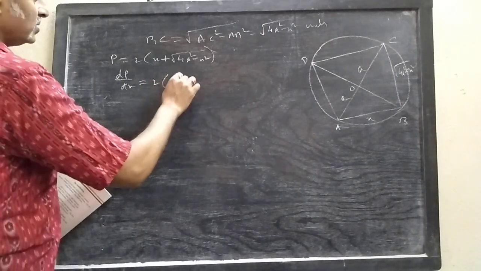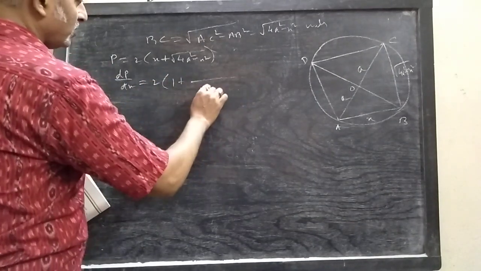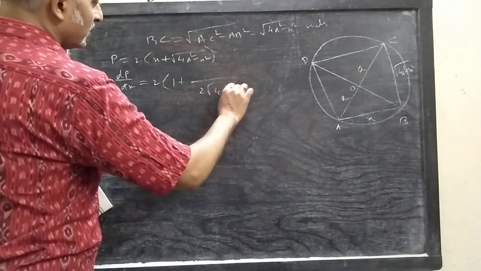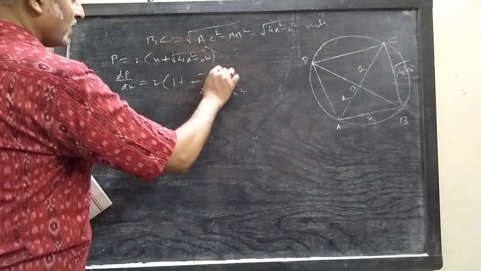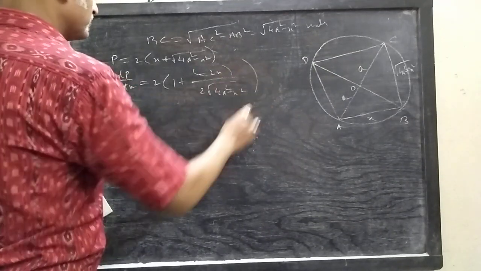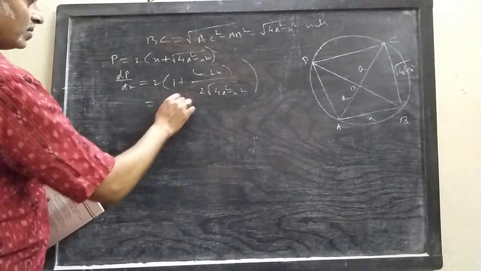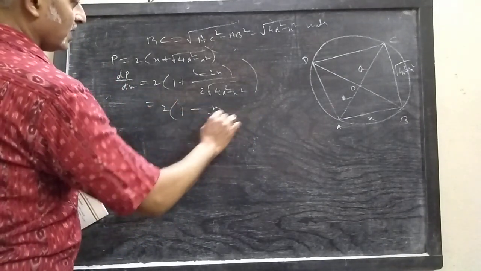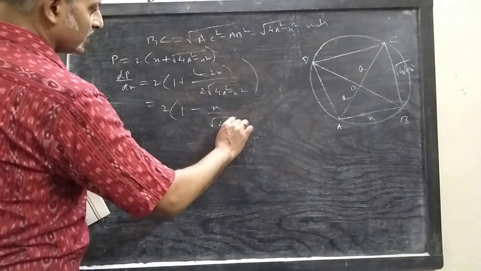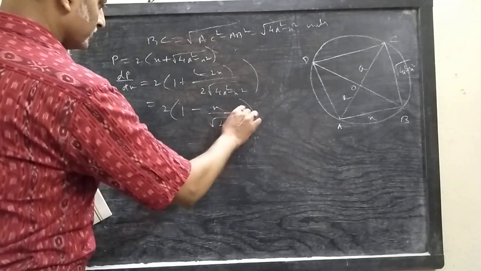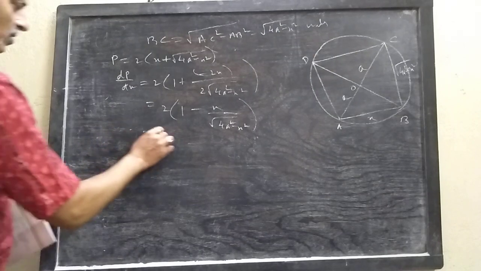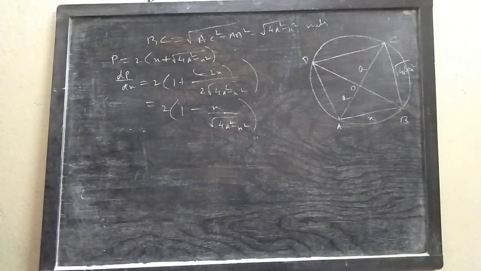2 into 1 plus 1 by 2 root over of 4a square minus x square, into minus 2x. So this ultimately becomes 2 into 1 minus x by root over of 4a square minus x square. Now write, for P to be extremum, dP/dx equals 0.